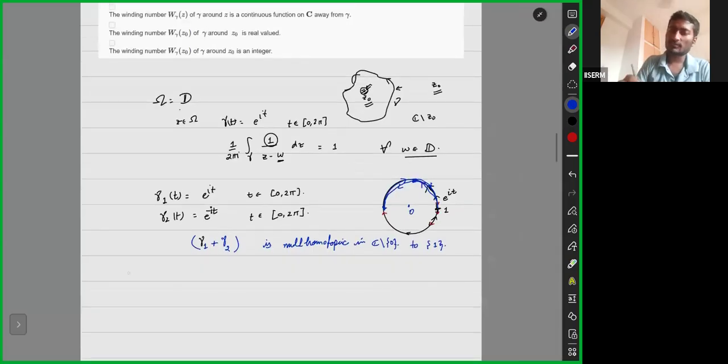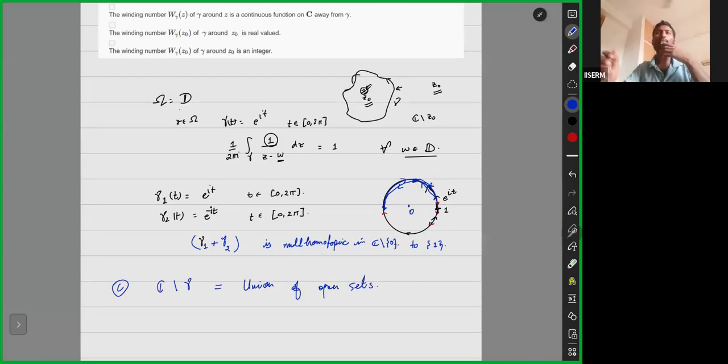First of all, for C minus gamma, what is this? This is a disjoint union of open sets. Most of them are bounded. One of them will be unbounded, right?